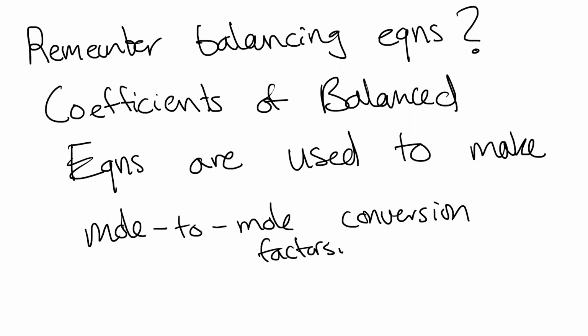The mass of a single atom of hydrogen is 1.008 AMU. The mass of one atom of carbon is 12.01 AMU. So you can't use mass-to-mass conversions. They're not the same thing. Okay?